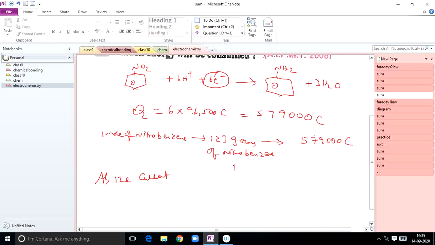First you calculate, students. For 12.3 grams, how much? X. So if you calculate the X value, you divide by 10, so X is equal to 57900 coulombs. That is the X value.